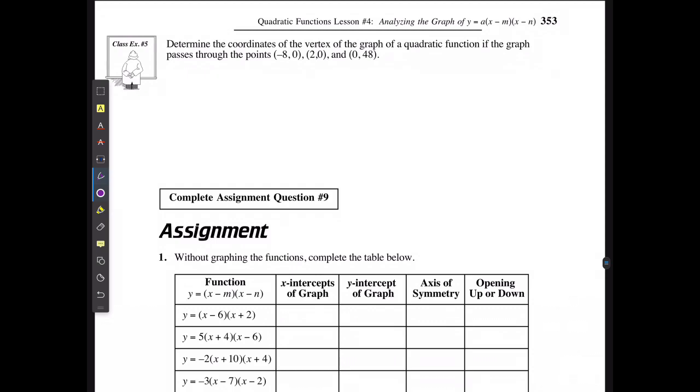If I'm determining the coordinates of the vertex of a graph if it passes through points of negative 8 and 0, 2 and 0, and 0 and 48.